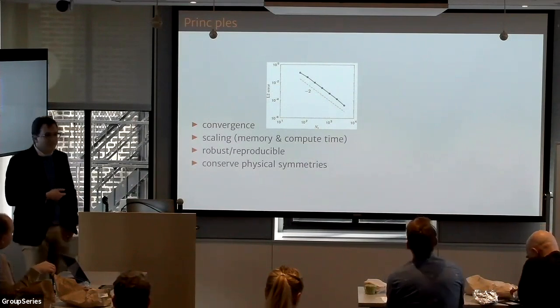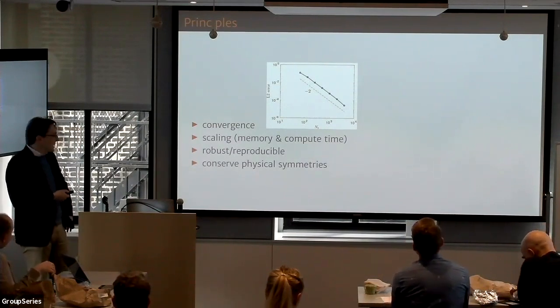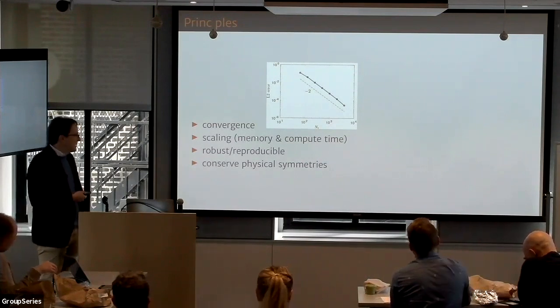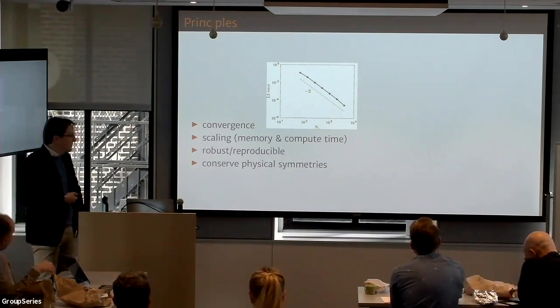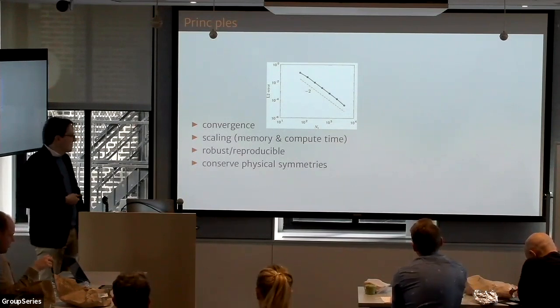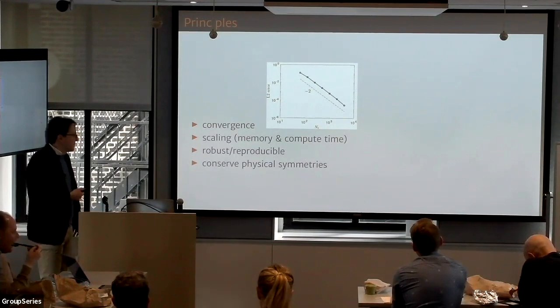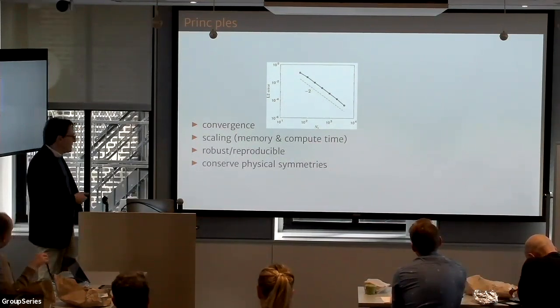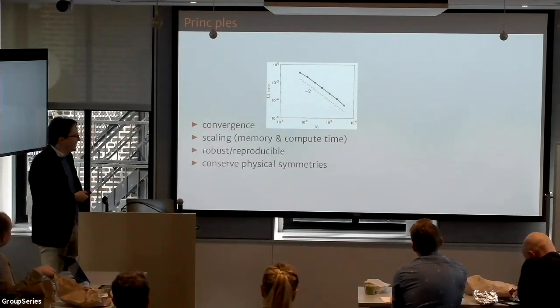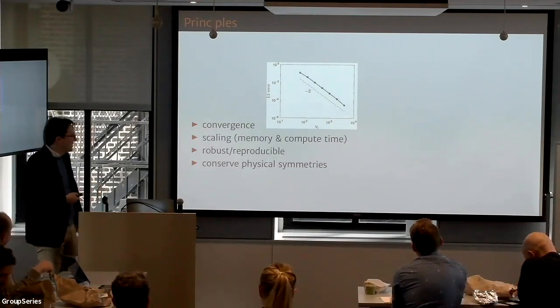You also want to make sure that your method is able to scale both in the amount of memory that it requires and the amount of computational time. And again, these have to behave according to some power law. Otherwise, it would be impossible to run on supercomputers reasonably. And you want your results to be robust and reproducible.